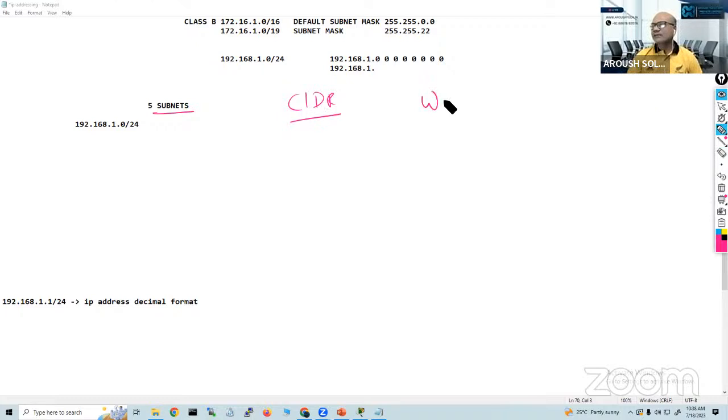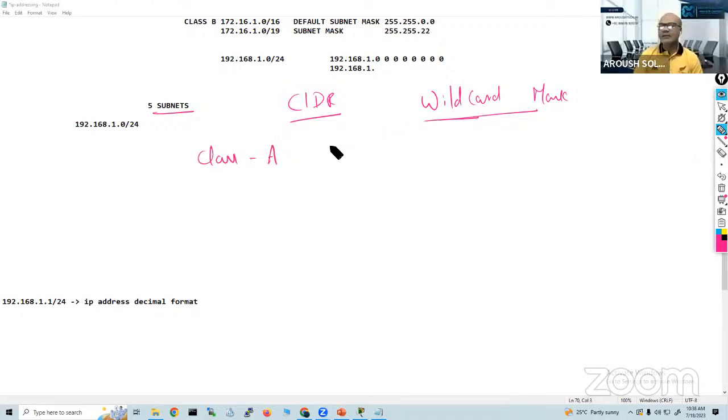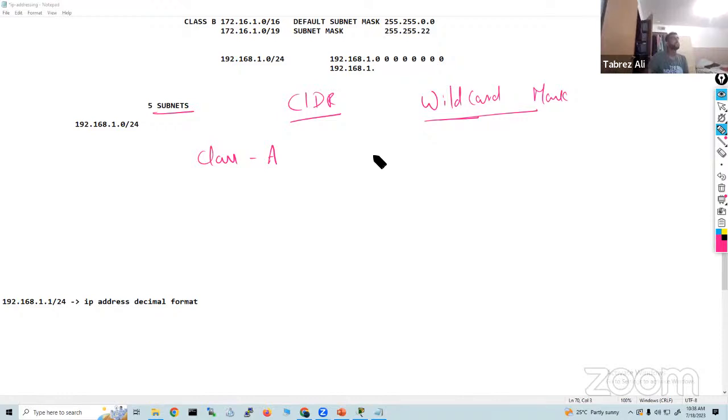So wildcard mask. What is wildcard mask? Wildcard mask is the reverse of subnet mask. I think you are familiar with this one, right? For the class A, what is wildcard mask? 0.0.0.255, right?